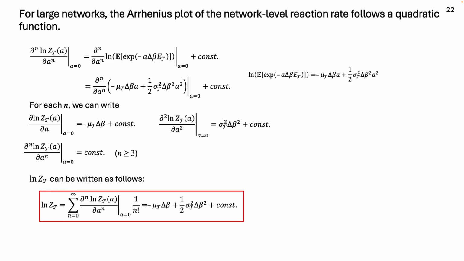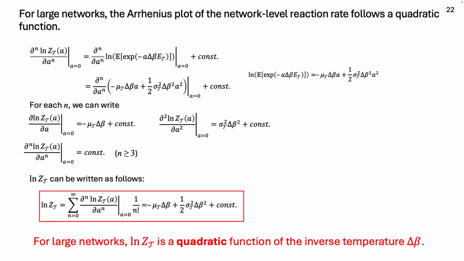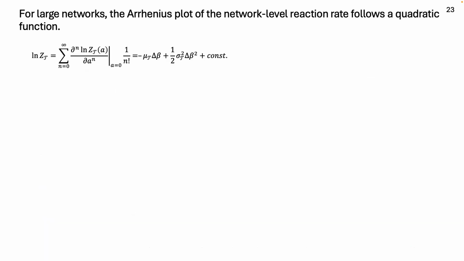Then we know the log of ZT is a quadratic function of inverse temperature. So for large networks, if we assume the central limit theorem, so it is a Gaussian distribution, the log of ZT is quadratic. And similarly, the log of ZF is also a quadratic function.